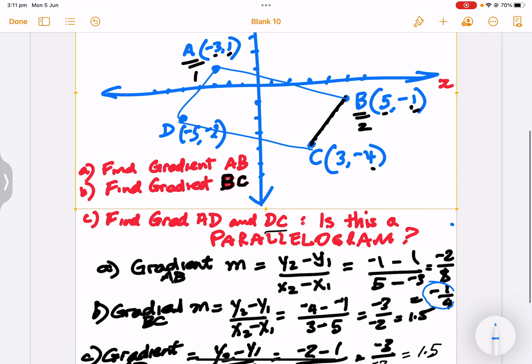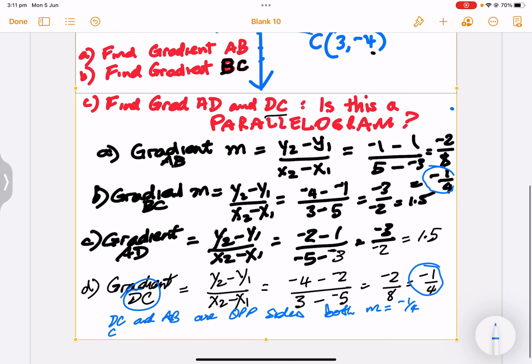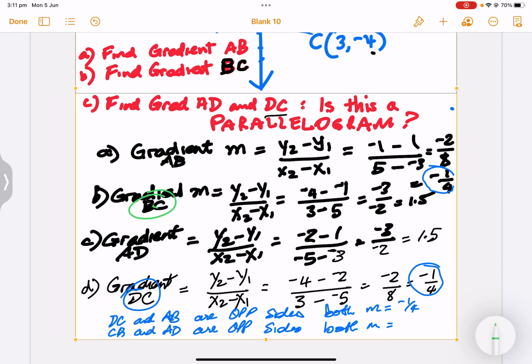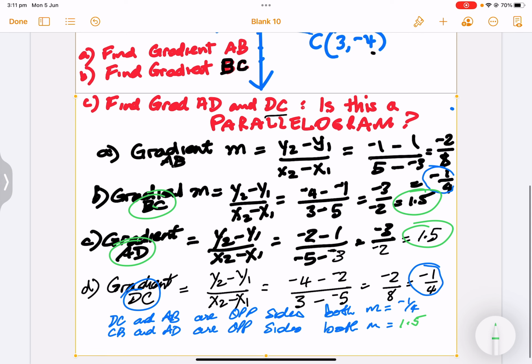CB and AD are opposite sides, and both have gradient equal to 1.5. Let's make this green. CB, AD, both at gradient 1.5. So the answer is therefore yes.